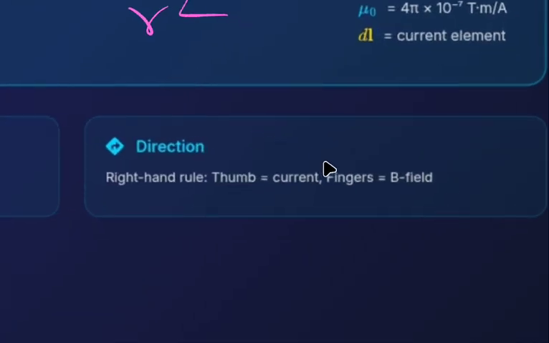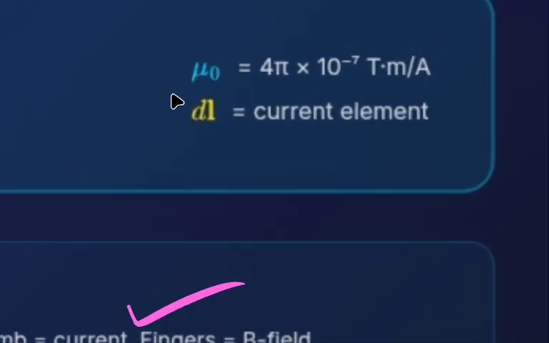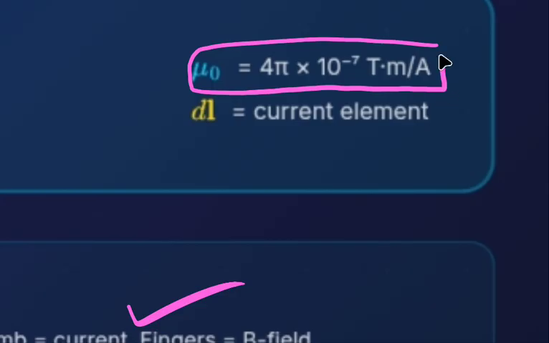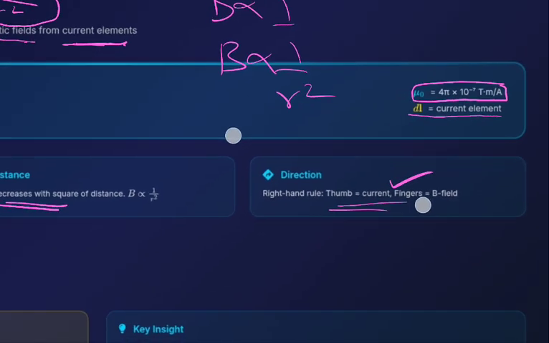It also uses the right hand thumb rule to find the field direction. Mu naught value is equal to 4 pi into 10 to the power of minus 7 Tesla meter per ampere. dl is a current element, I is the current.